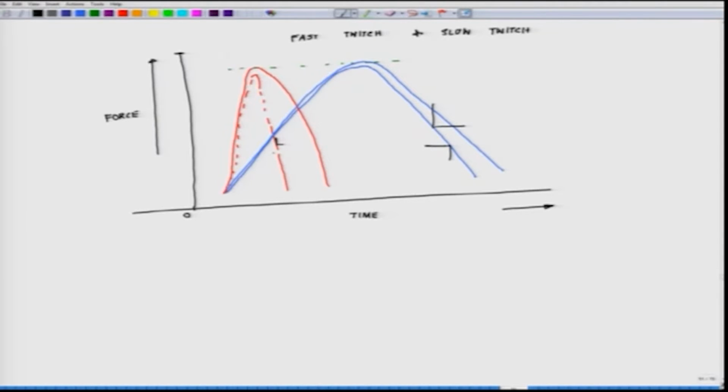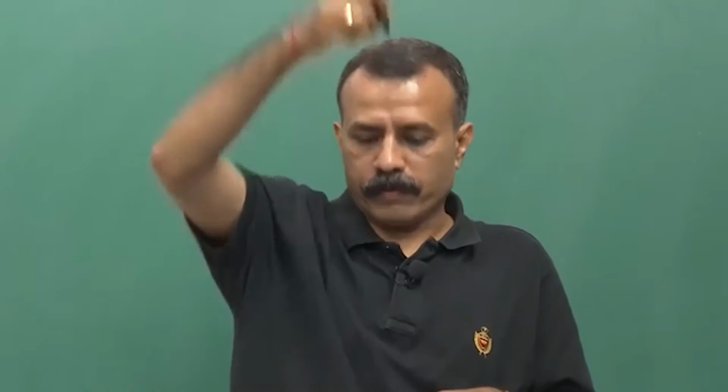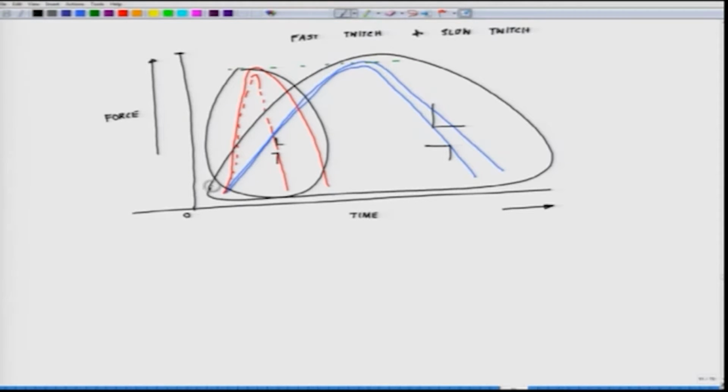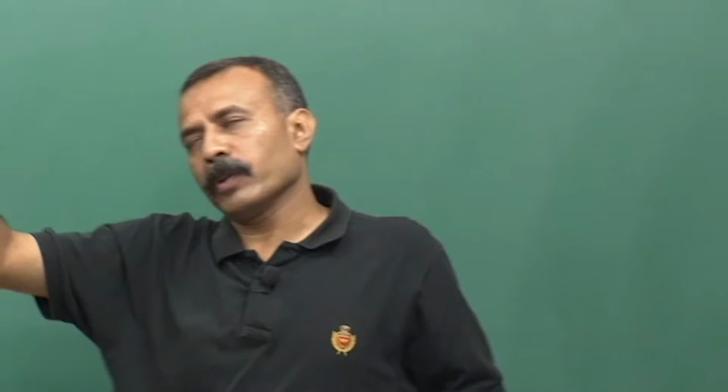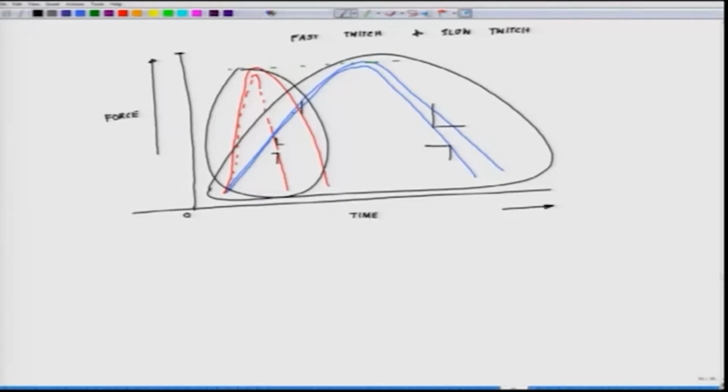Whichever way you measure it, this one is falling like this. Say for example, you go up and fall down like this, which is leading to the twitching action, that is in the red. Whereas out here it is going a long distance. Look at the rise.